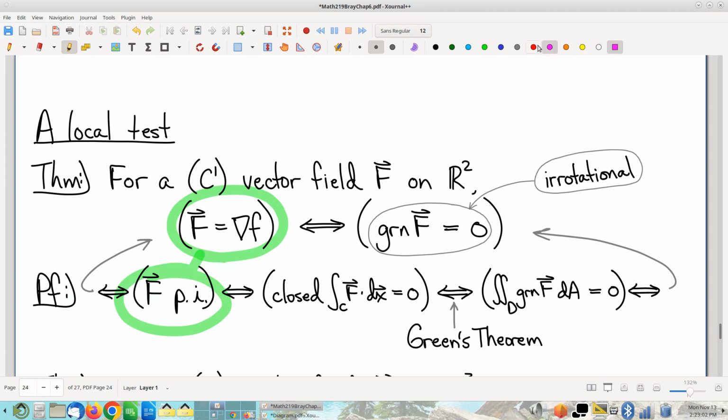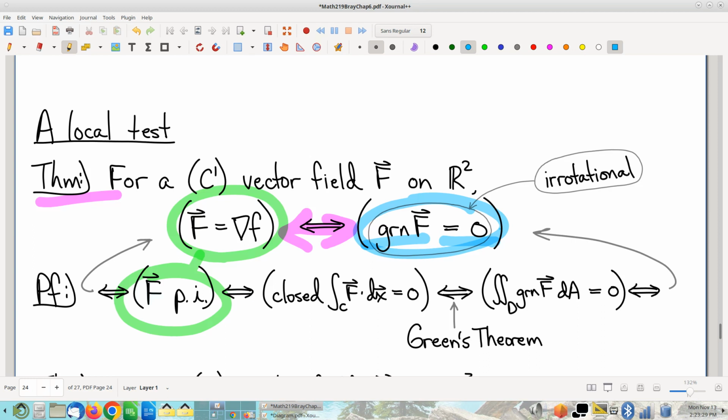Neat theorem here. The theorem says that what you can do is just look at Green's operator, and if Green's operator is 0 everywhere, then you're good. That is indeed a gradient. It is indeed path independent, and go ahead and play path independence games, and it's all fine.